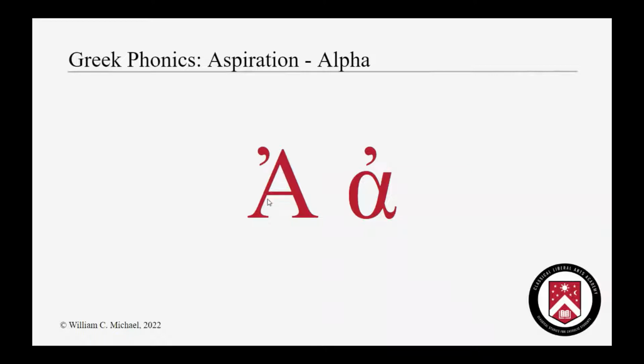Here you see the letter alpha in the uppercase with the mark of no aspiration or soft breathing, the backwards C, as it were. This would be read as ah, with no breathing. Here the lowercase alpha with the mark of soft breathing is read ah.